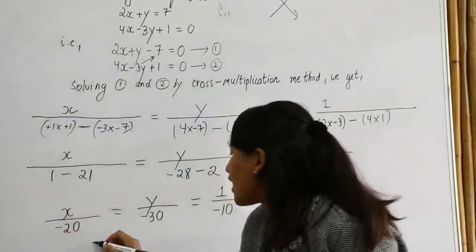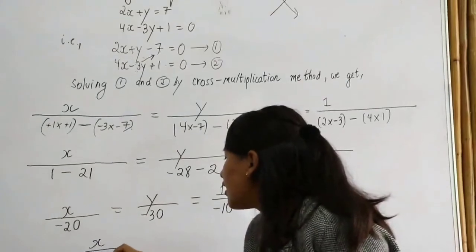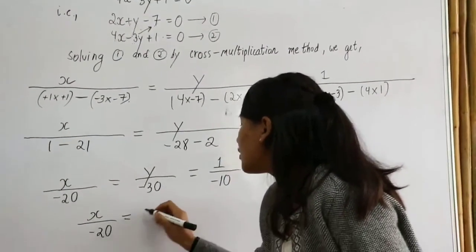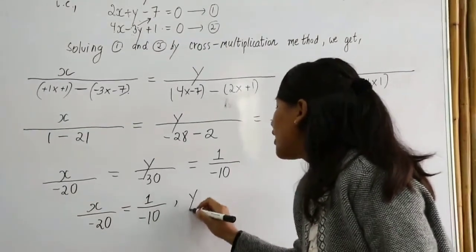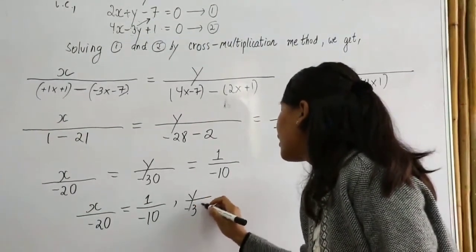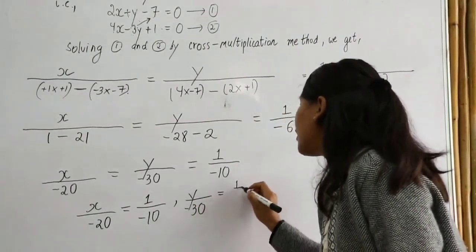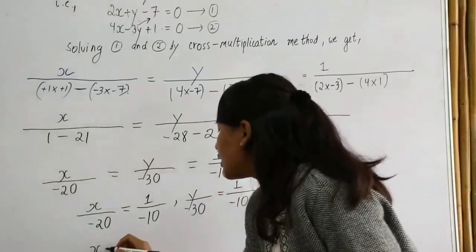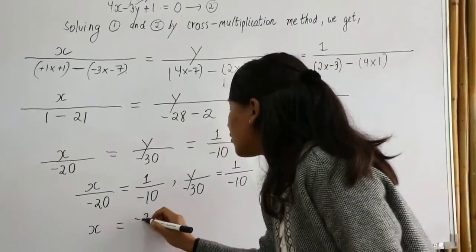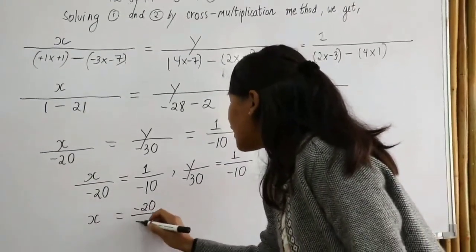Okay, so x will be with this, and then y. X will be equal to minus 20 over minus 10.